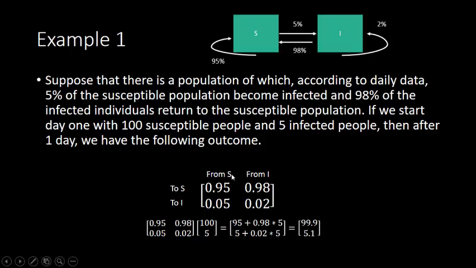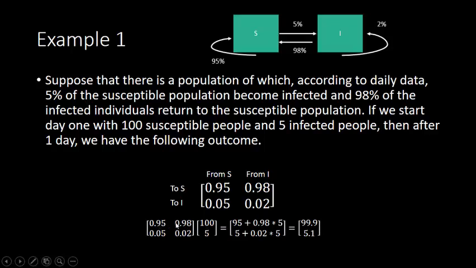Using matrix multiplication, we would take this 2 by 2 matrix representing those probabilities, noticing that each of those columns adds up to 100%. And we would multiply it by the initial population in both of the groups. So here I have 100 susceptible individuals and 5 infected.